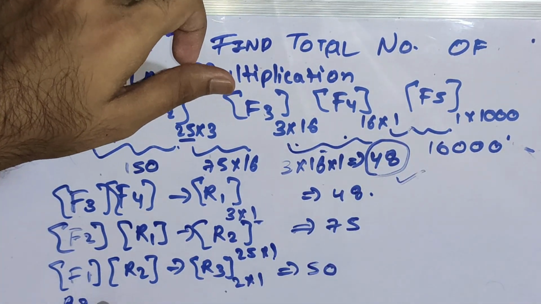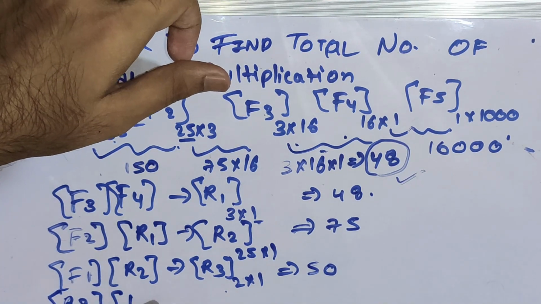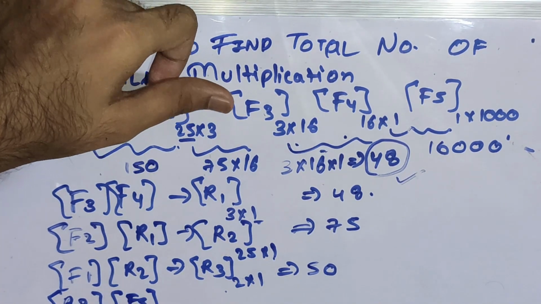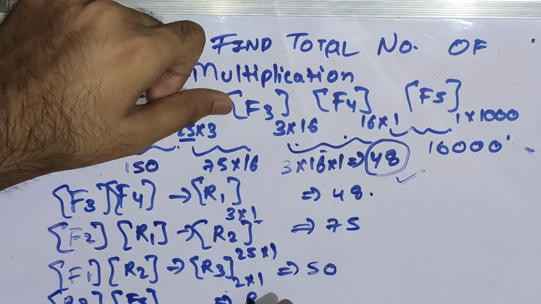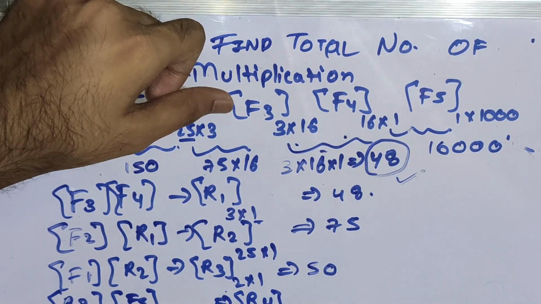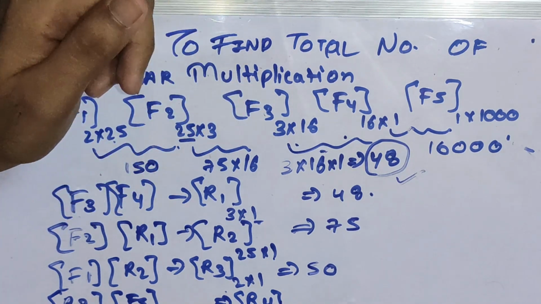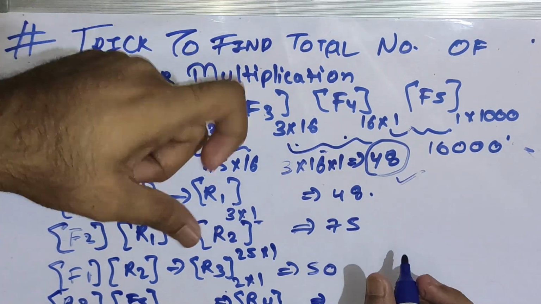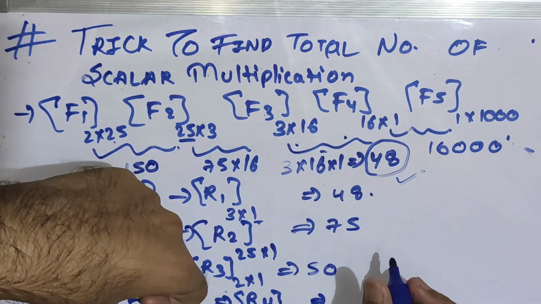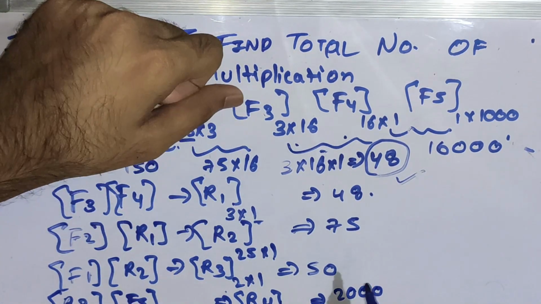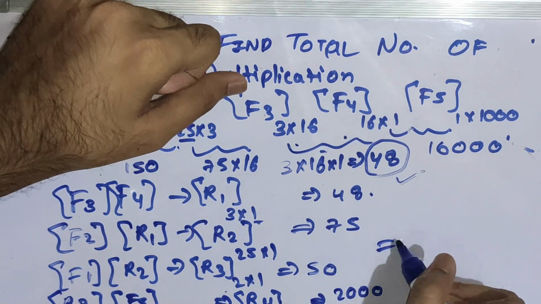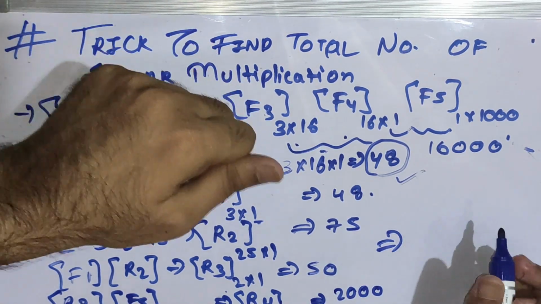So r3 is 2 cross 1 and f5 is 1 cross 1000. So you will get the resultant R4 matrix of dimension 2 cross 1000 and the resultant scalar multiplication will be 2000, right?